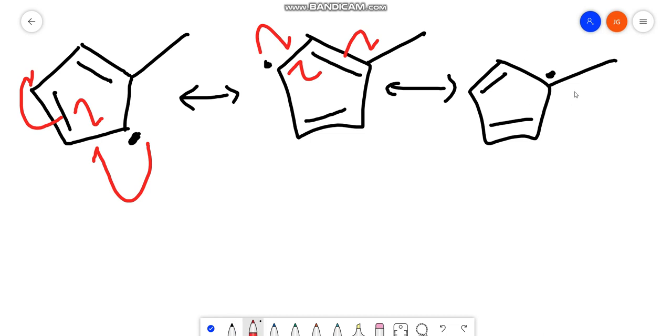Okay, now, again, we're just going to keep following this pattern of moving this radical in the clockwise direction. We're going to bring this radical onto this carbon-carbon bond. Okay, notice how it's adjacent to a double bond.